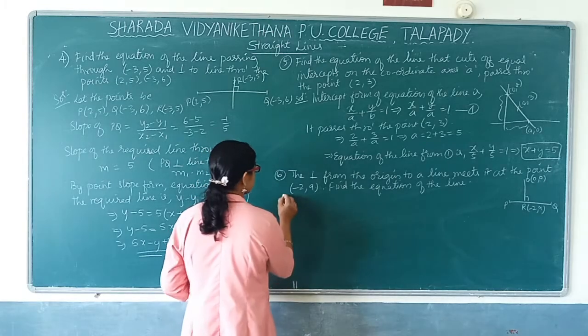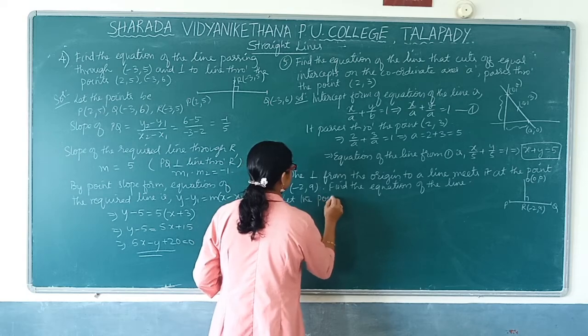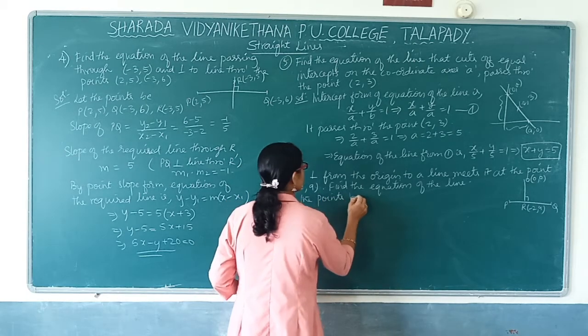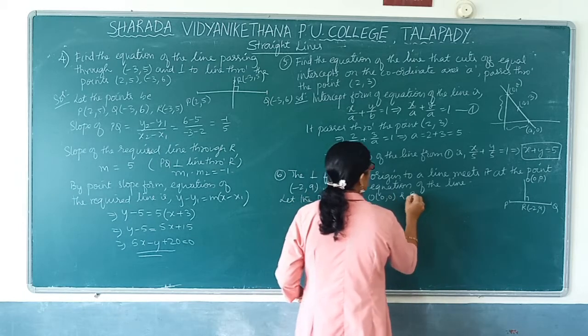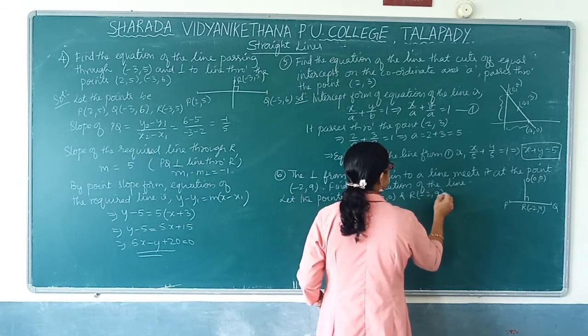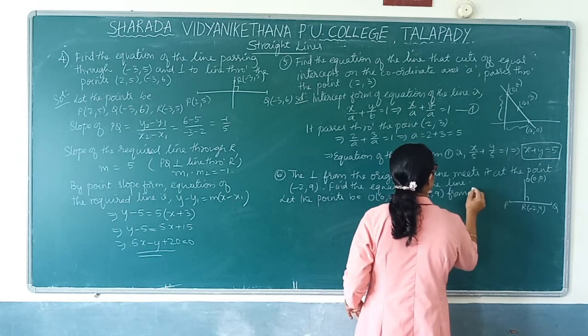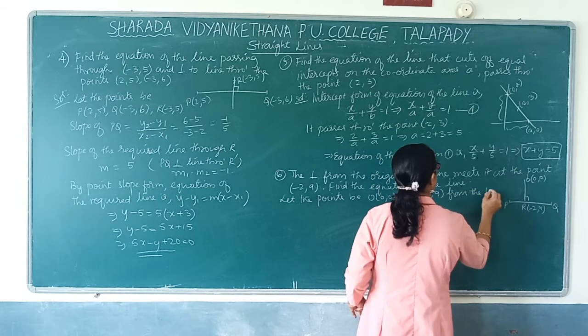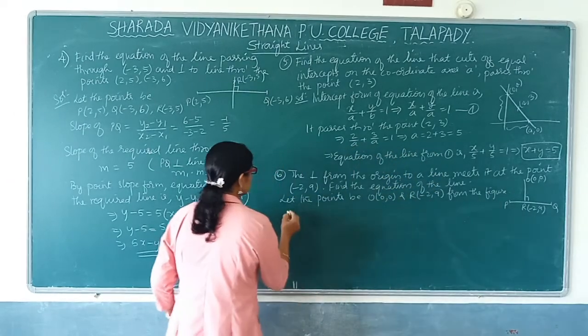So let the points be O of 0, 0 and R of minus 2, 9. I will take the figure as a reference.